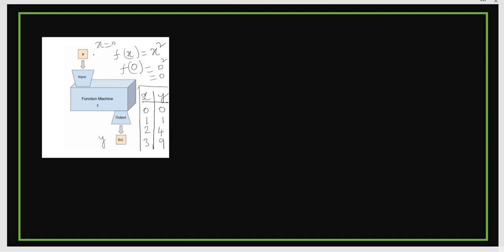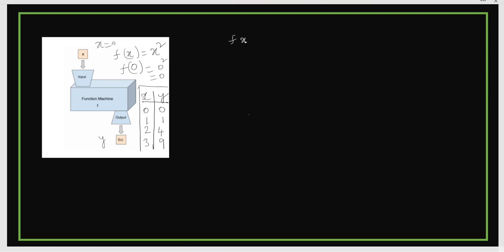The function defines how x is changing. Here x is squared. If you give any value to x, it will square it and give you the output.